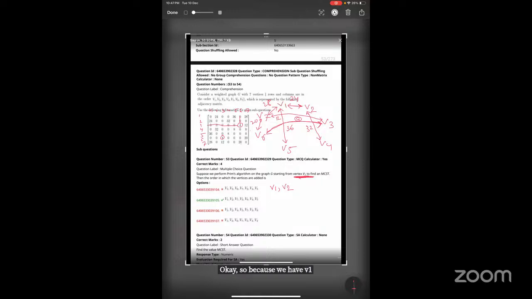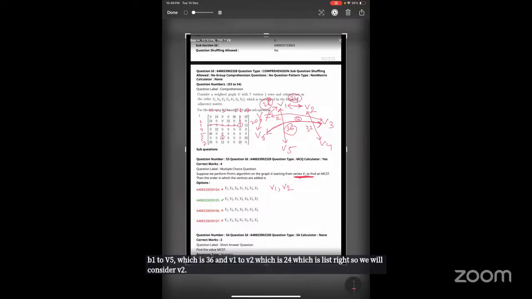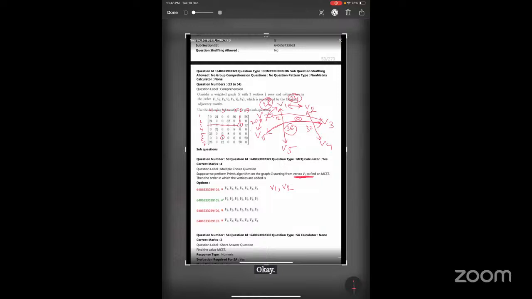Only these 3 options: V1 to V7, which is 28, V1 to V5, which is 36, and V1 to V2, which is 24, which is least, right? So we will consider V2. Once we consider V2, we will immediately discard these 2 options, right?